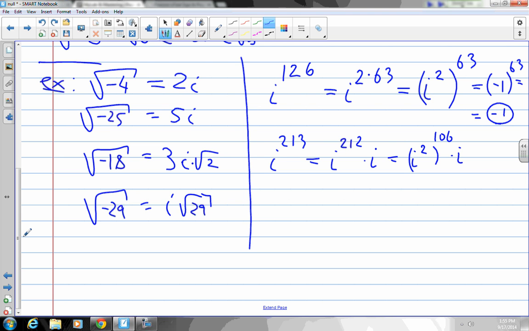I have this extra i just hanging on the side. i squared is negative 1, so this becomes negative 1 to the power 106 times i. What is negative 1 to the power 106? 1. So that's just 1 times i, so that's i. So i to the power 213 is just i.